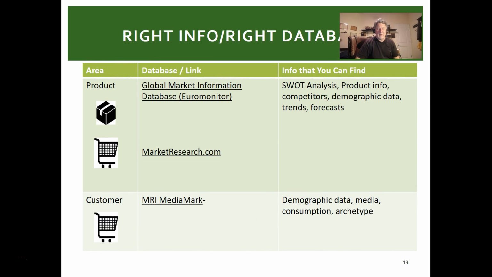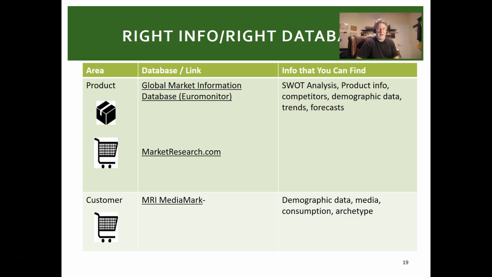Then we drill down into product and customer. For product, there's Euromonitor, or the Global Market Information Database, which allow you to get at that product level: SWOT, demographics, trends and forecasts. I don't think we're fully at that point, but as you go further in your journey, you may need to have those databases in your toolbox.